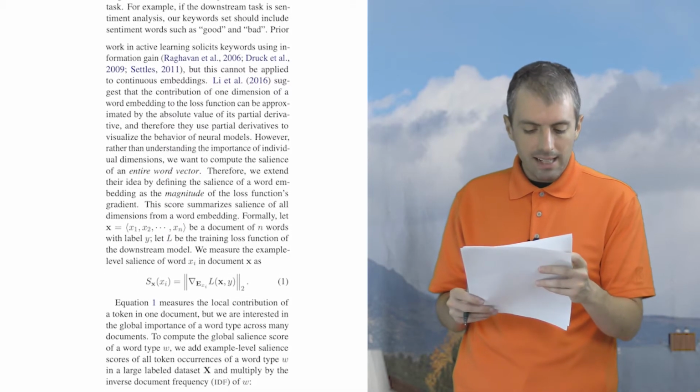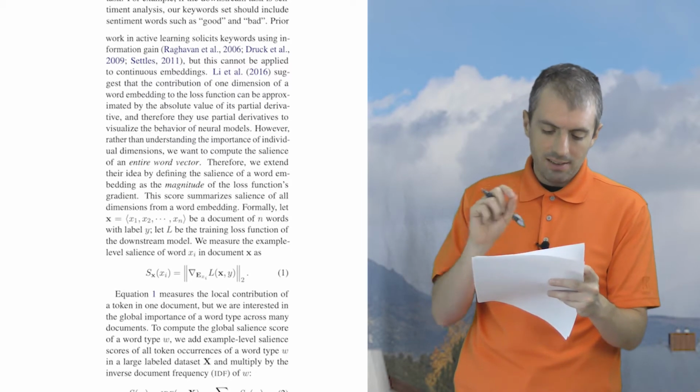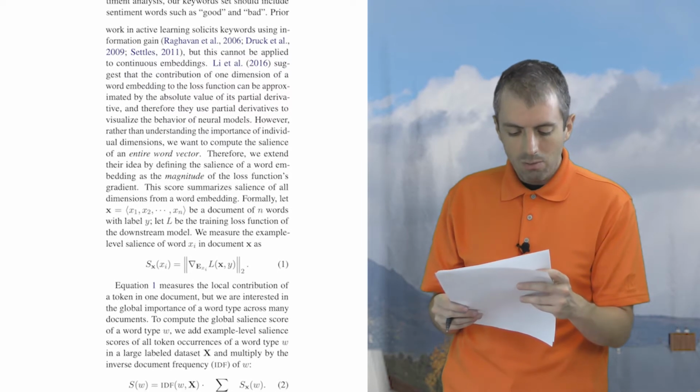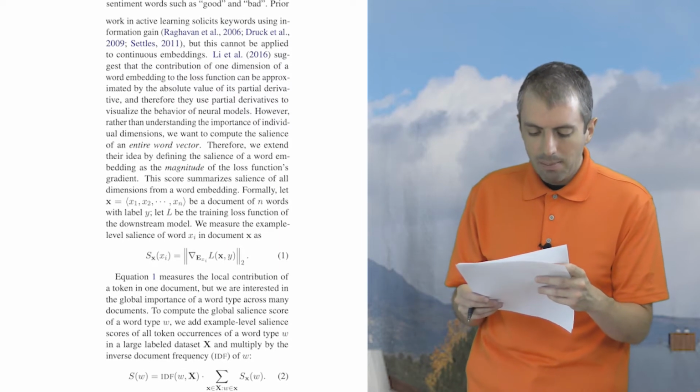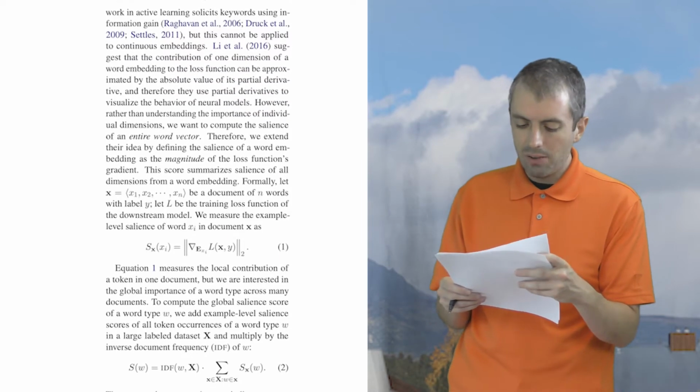Formally, let x, x1, x2 up to xn, be a document of n words with label y. Let L be the training loss function of the downstream model.